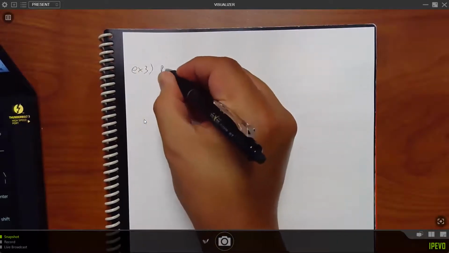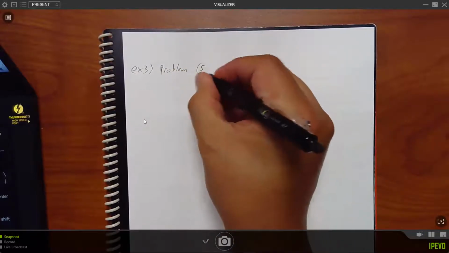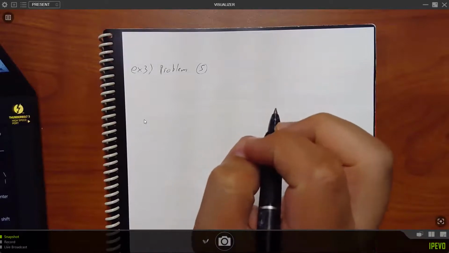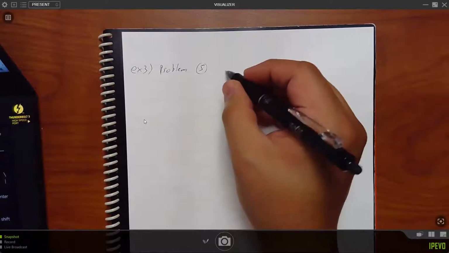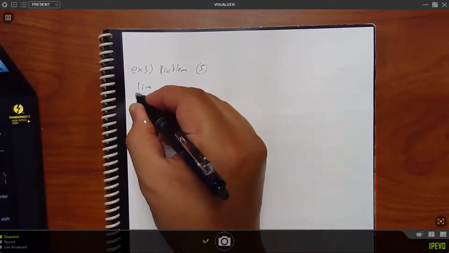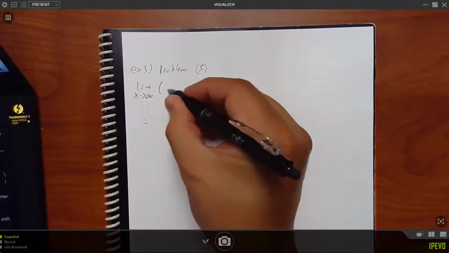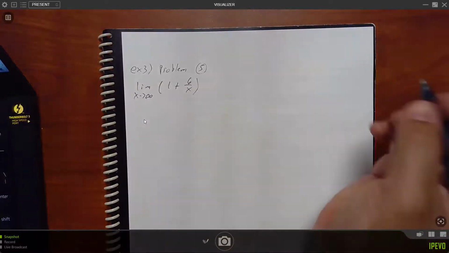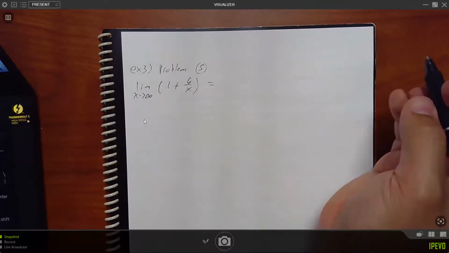Now you can, of course, we mentioned a long time ago, that if you have two parts, you just take the limit of the whole thing. So the limit as x goes to infinity of 1 plus 6 over x will be equal to, right?